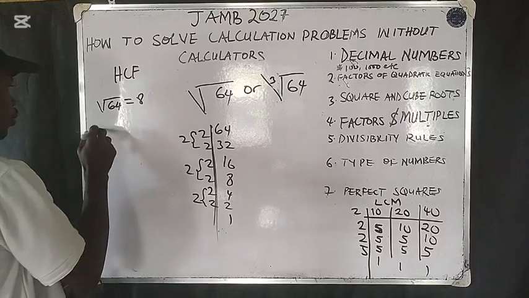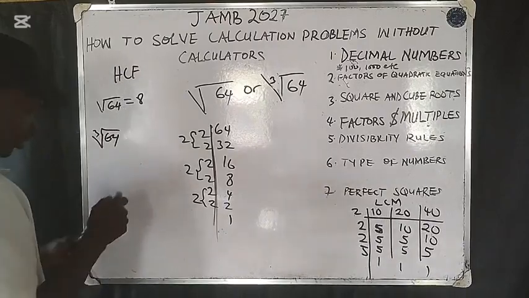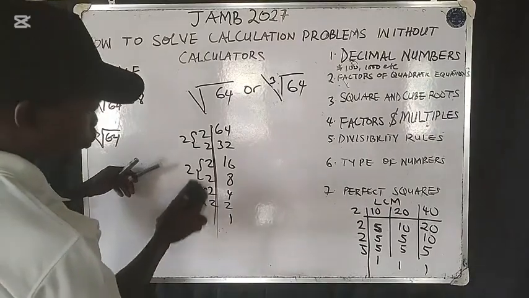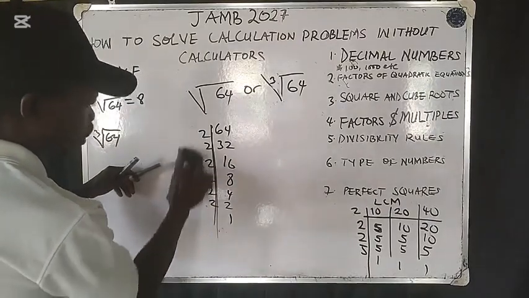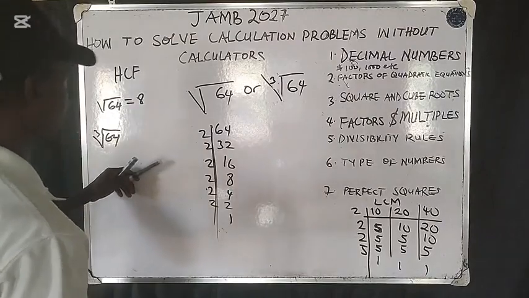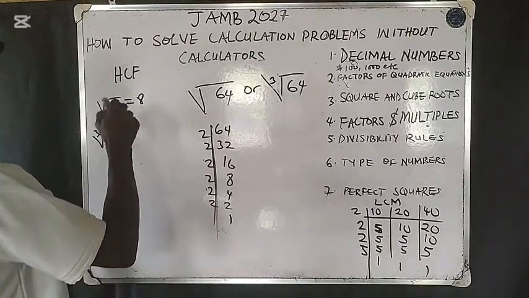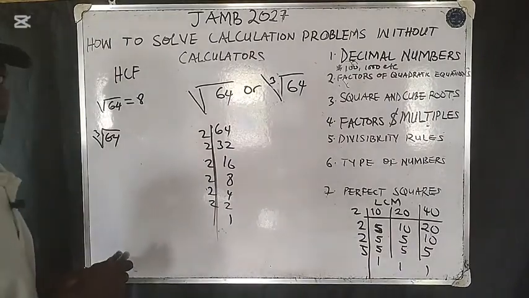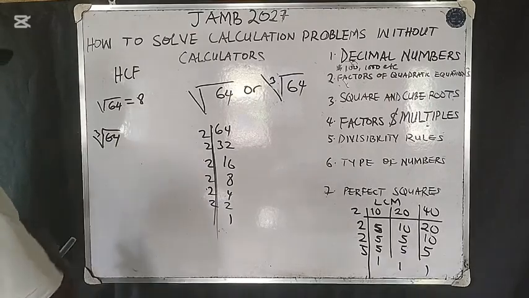So let's find the cube root of 64. If it is a cube root, we don't group it in twos. We group it in threes. The meaning of square root is, if we multiply 8 by itself, it will give us 64. So square root means a number that you multiply by itself that will give you 64.